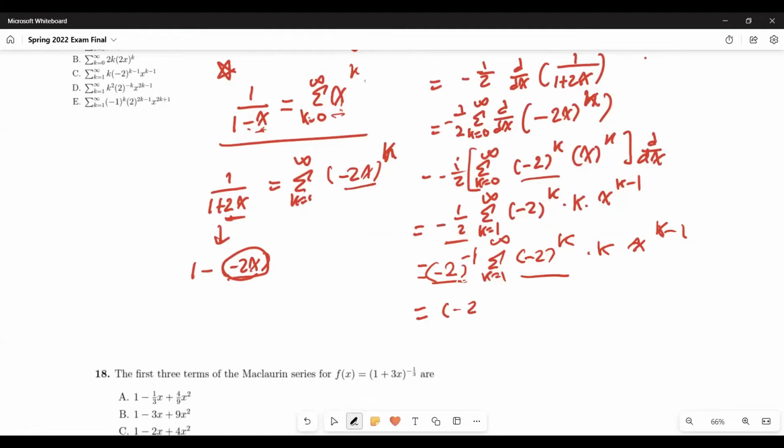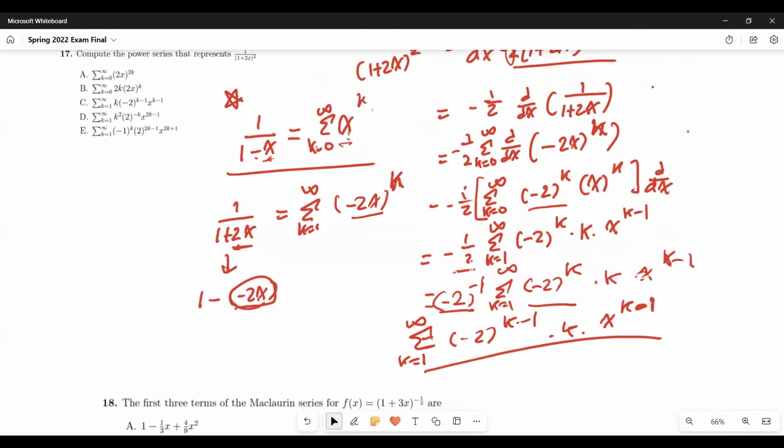So this is going to be negative 2 to the k minus 1, the summation of k equals 1 to infinity, and then times k times x to the k minus 1. Okay, which is the same format as the option E. So the answer for this question is option C, not E. So the answer for this question is C.